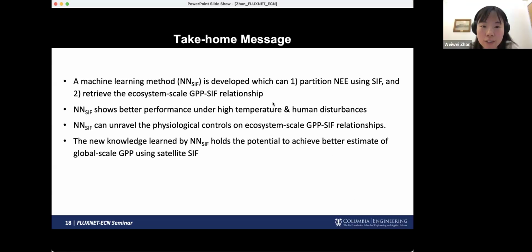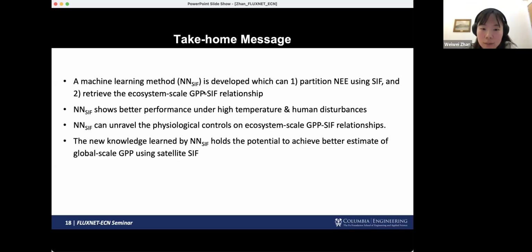So the first question is whether the validation is based on the half-hourly data set. Here for the training, validation, and test, we conduct them all at the half-hourly or hourly data set. It depends on whether the data is available at hourly or half-hourly scale.